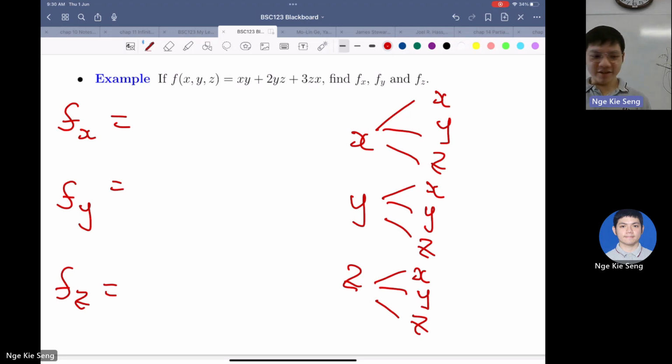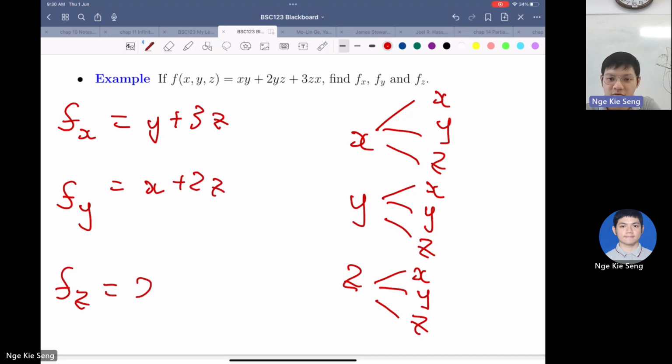So do you get y plus 3z for fx, and then x plus 2z, and then 2y plus 3x? Do you get this? So what can you observe here? For fx and fy, you just swap x and y, you get the same answer.